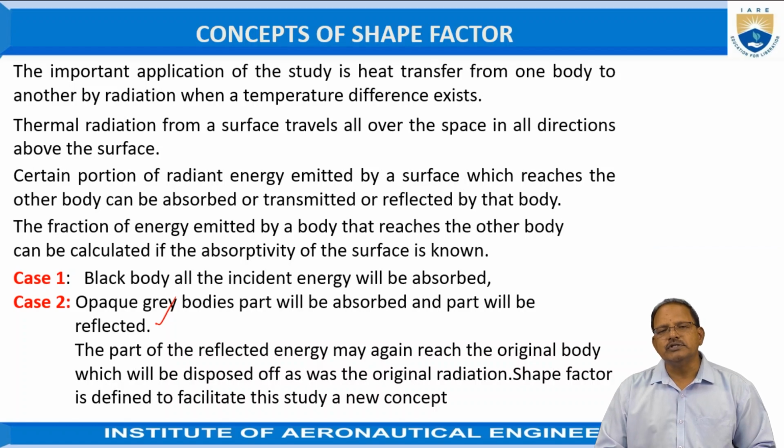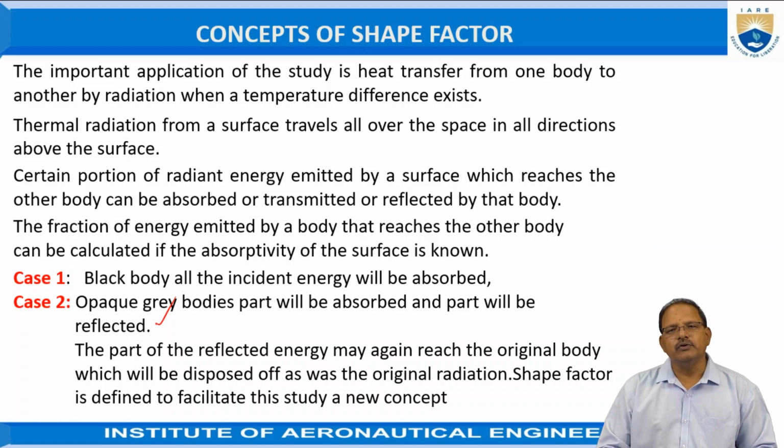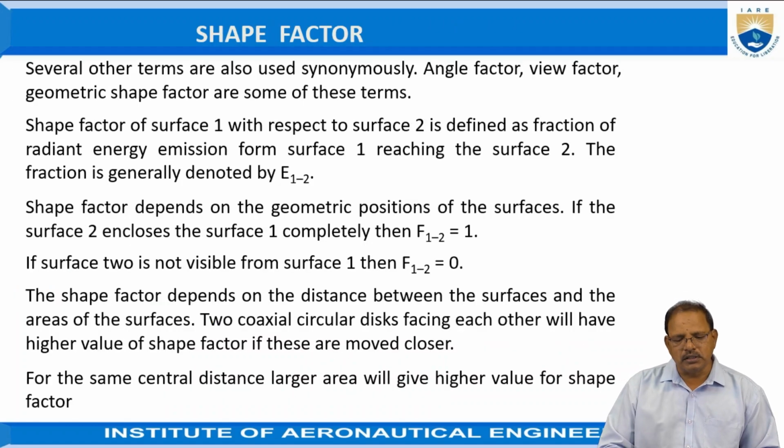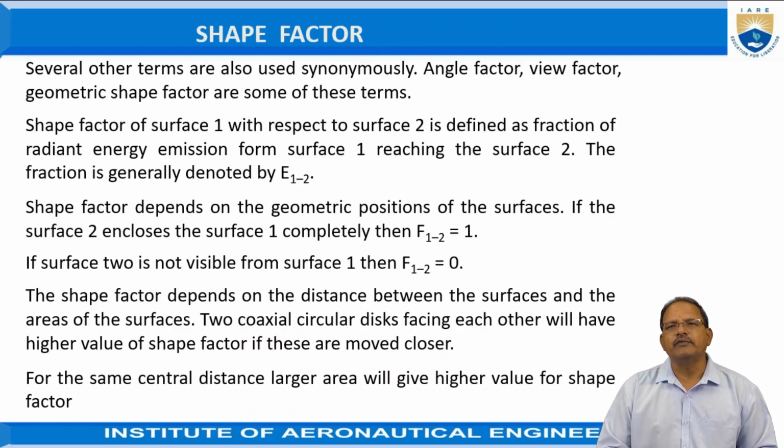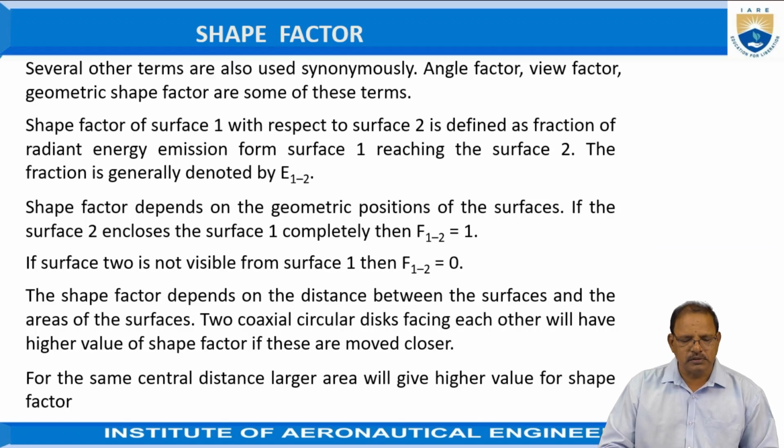So in order to account for the amount of energy that is transmitted back to that original body, the shape factor concept is utilized. Several terms used synonymously for the shape factor are angle factor, view factor, and geometric shape factor.